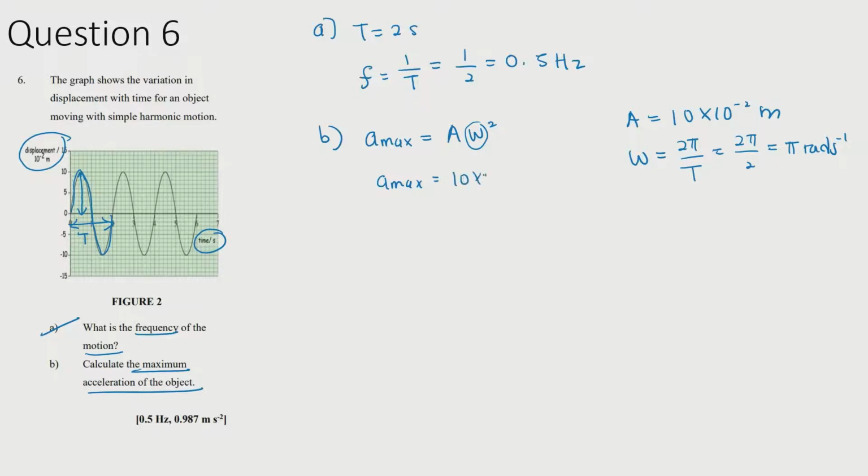So 10 times 10 to the power of negative 2 times pi squared. So you will get the answer 0.987 meter per second squared. Alright, we are done with 6B as well.